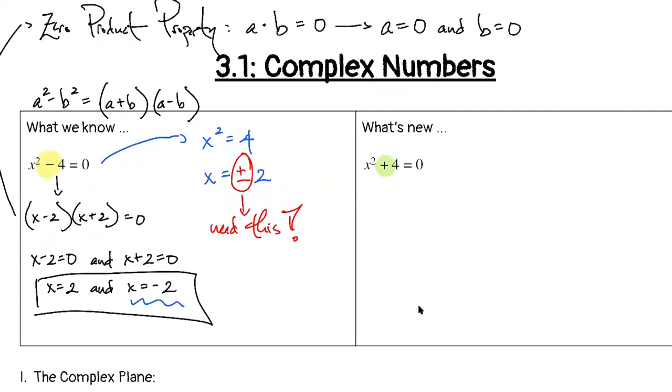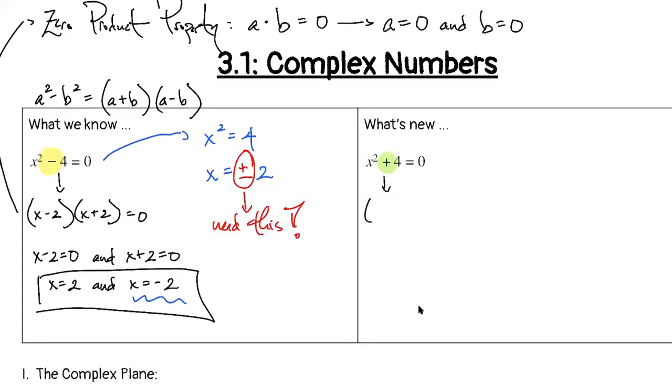So if we factor this one, can we factor it the same way? (x minus 2)(x plus 2). Does that factor from x squared plus 4? No, right? That does not factor. So we can say that this is not a factor of that, right? Because the negative times the positive is the negative, exactly.